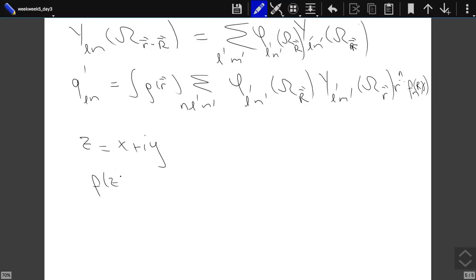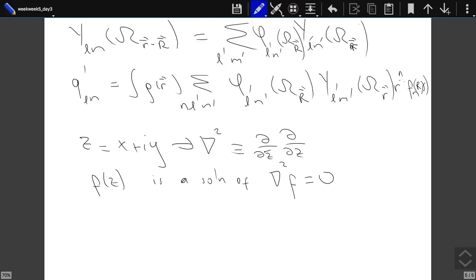Any analytic function of z is a solution, both the real and imaginary parts in terms of x and y. Because in these coordinates, the Laplacian is actually the derivative with respect to z and the derivative with respect to z bar, the conjugate of z. So if you have a function of z only, you automatically have a solution.